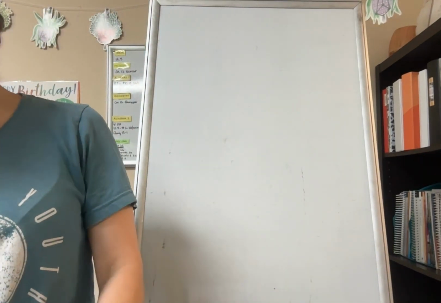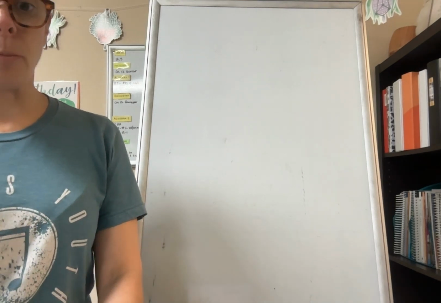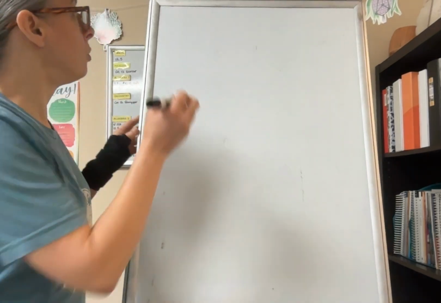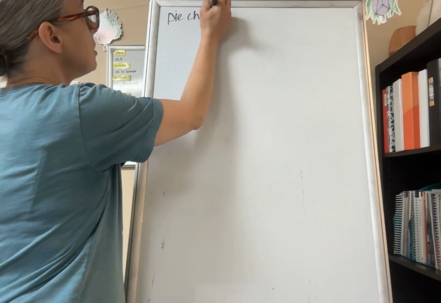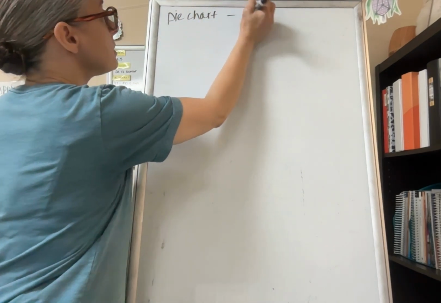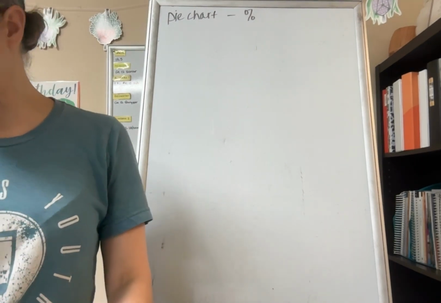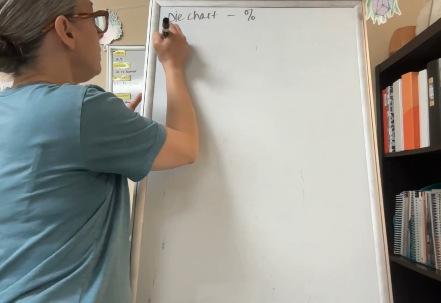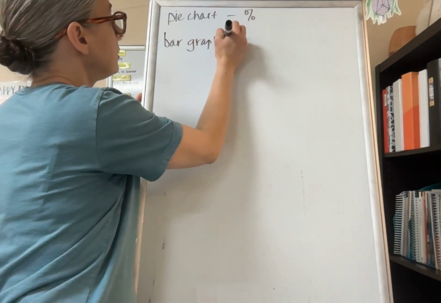And we've used different kinds of graphs throughout these last couple lessons, but today we want to talk more specifically about certain graphs. Pie charts are good when we are talking about percentages of information, because pie charts are easy to illustrate a percent of something, right? Bar graphs are good when we're talking about a quantity of something.